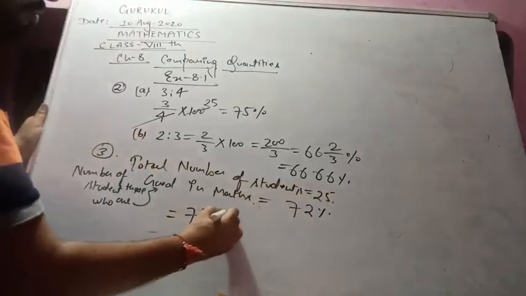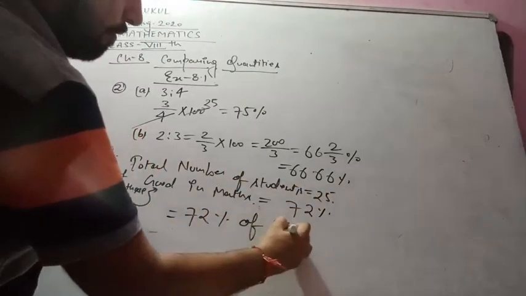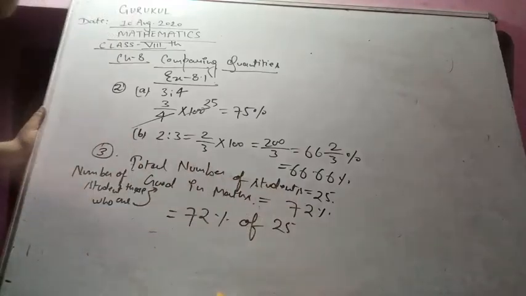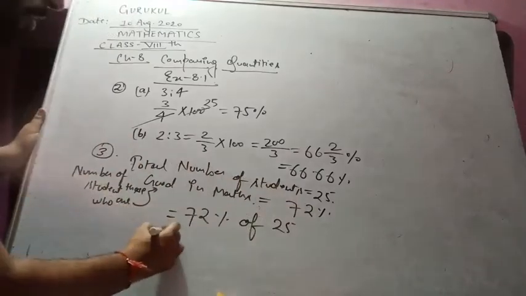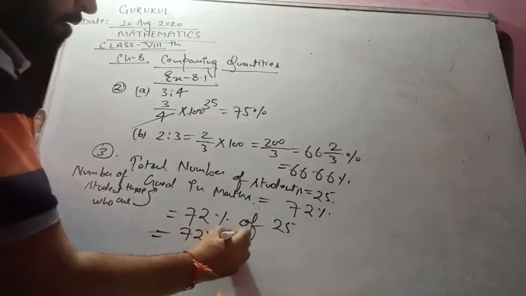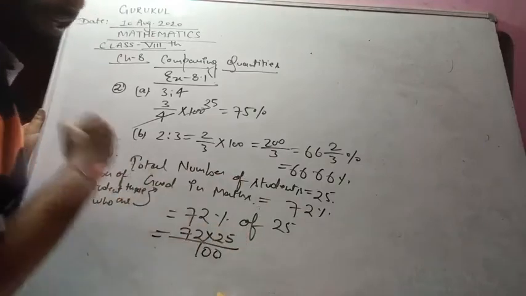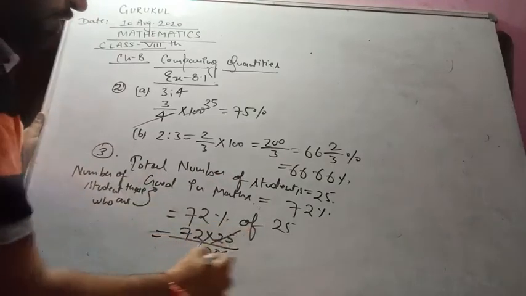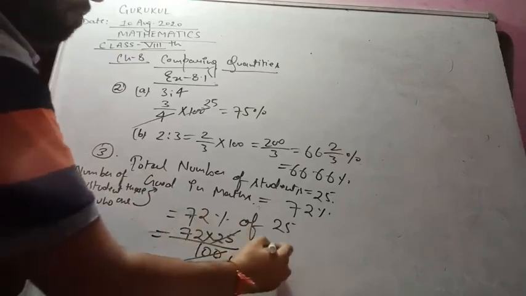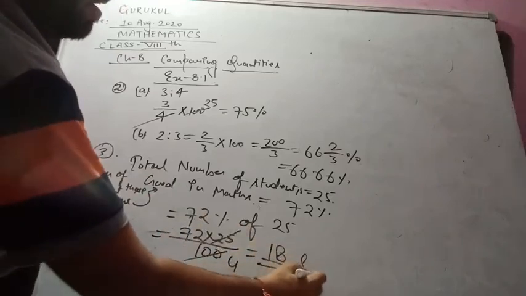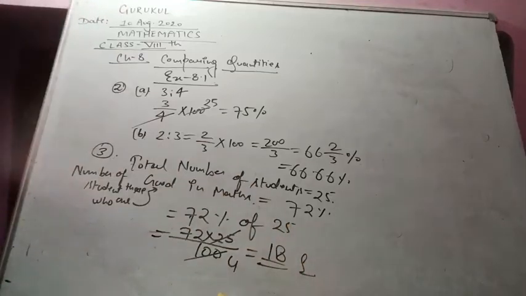So 72% of 25. Whenever we have to calculate the percent, of is replaced by multiply and percent is replaced by divide by 100. Remember this. So 25 4s are 100. 72 upon 4. This will be 18. 18 is going to be the answer. So these are the good number of students.